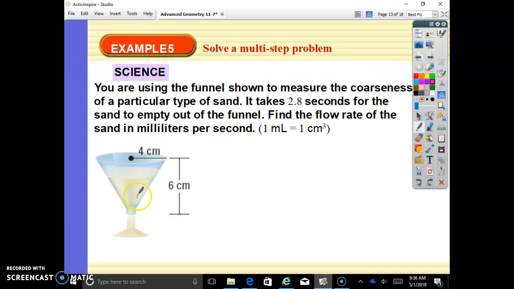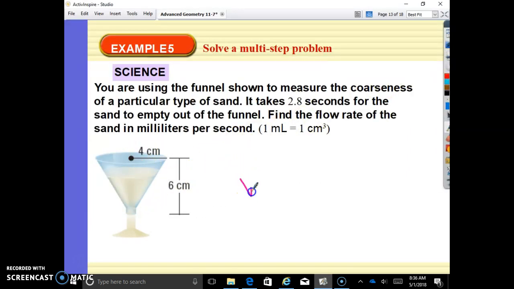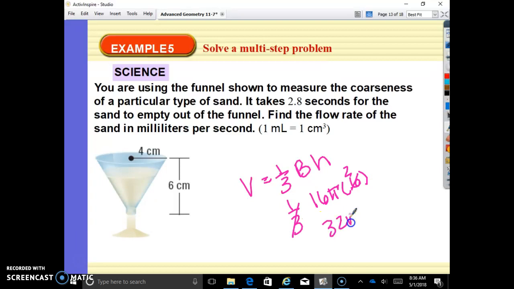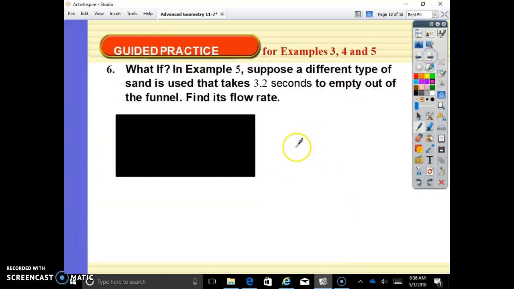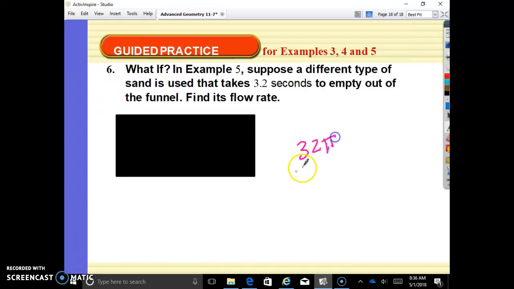So once again, in example 5, we had our volume is 1/3 area of the base times the height, which was 1/3. The base was 16 pi, and our height was 6. 6 divided by 3 is 2, so we had 32 pi. So we had 32 pi, and our flow rate has now changed to 3.2 seconds.